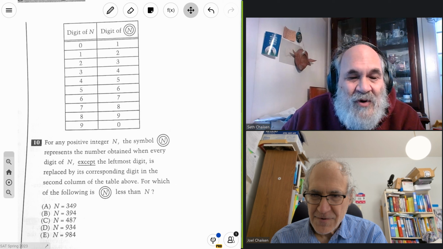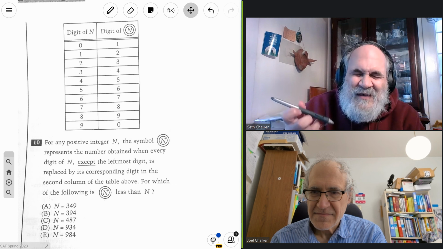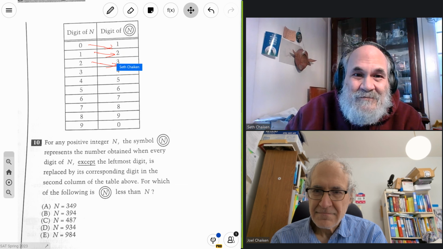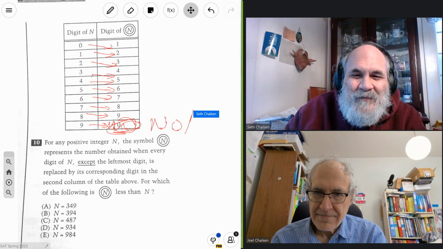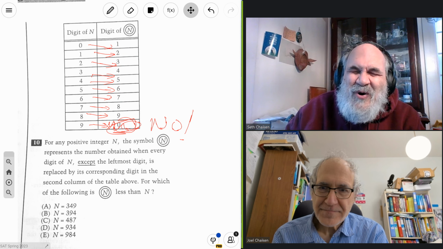If you make the digits to the right bigger, so how could you? Okay, but except for one case. Aha! It makes all of them bigger. No. If the digit is a 9, it makes it smaller.